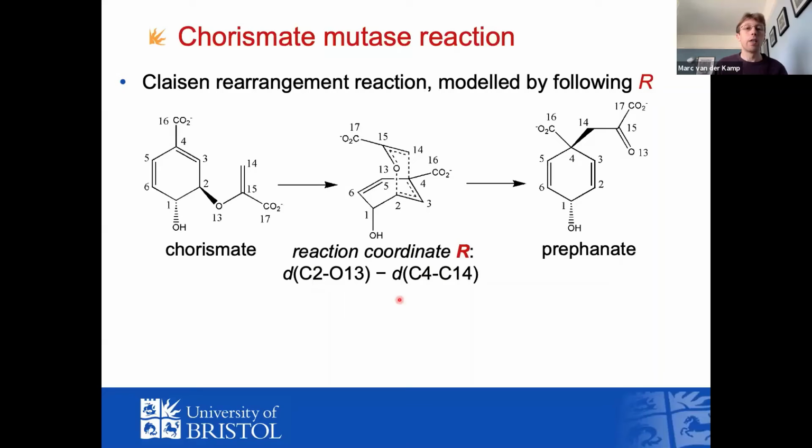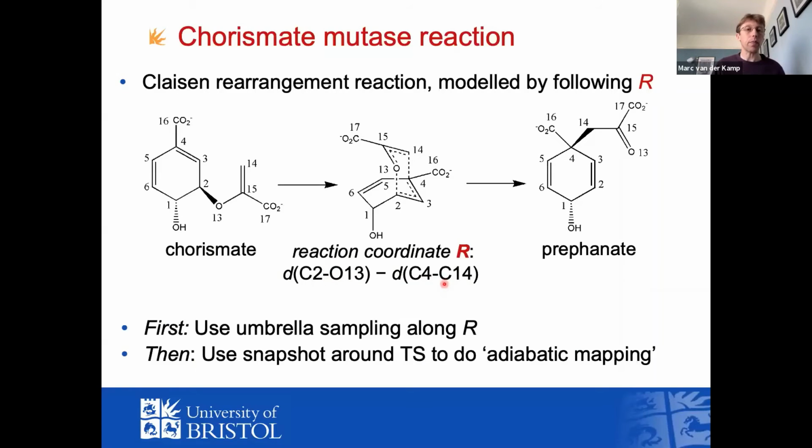By defining it this way around, in Chorismate this will be large and this small, because this is the formed bond. So we go from negative to positive, because in prephenate, this bond is formed and this one isn't. So that means that this is large and this is small. Hopefully that's clear.